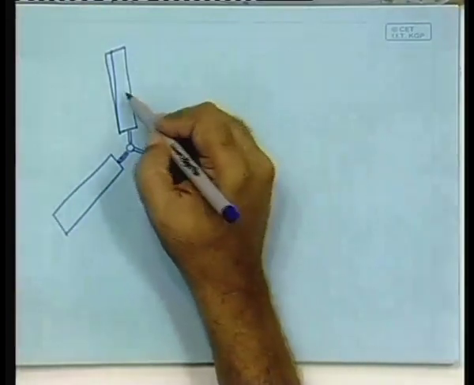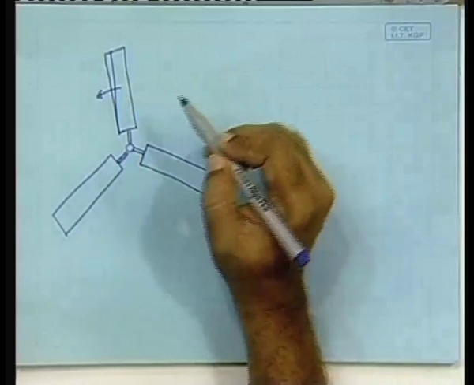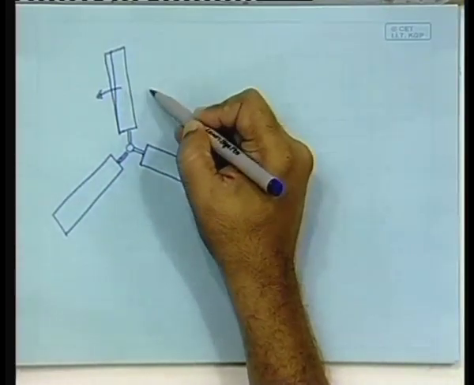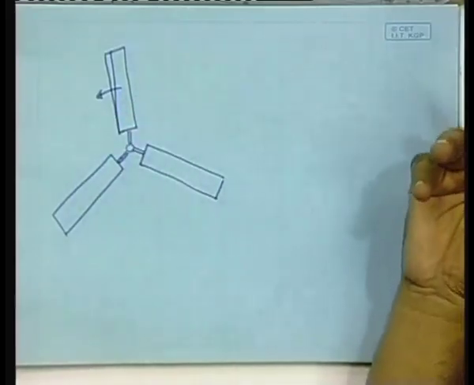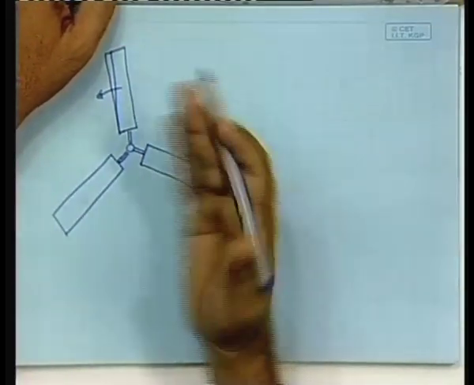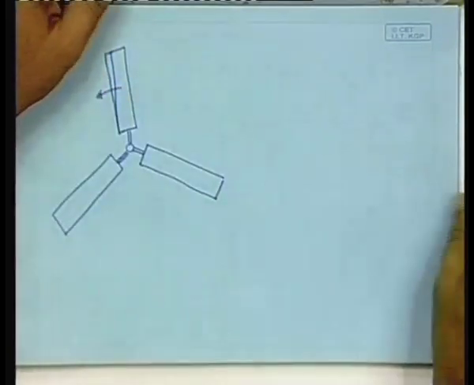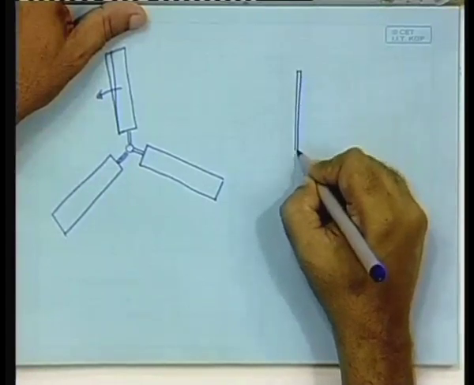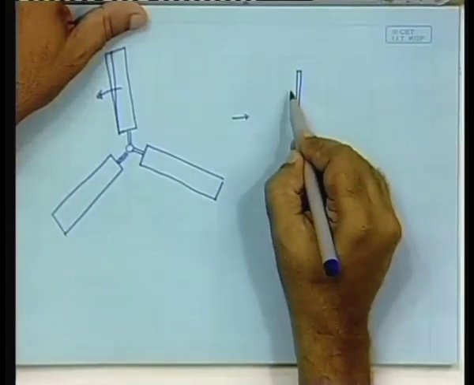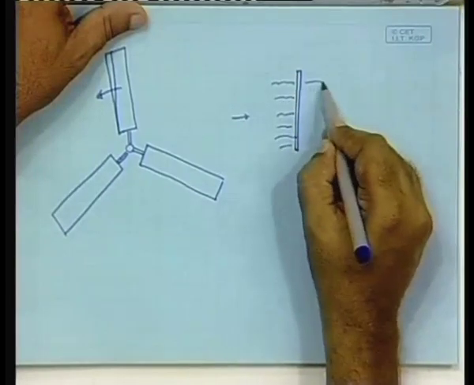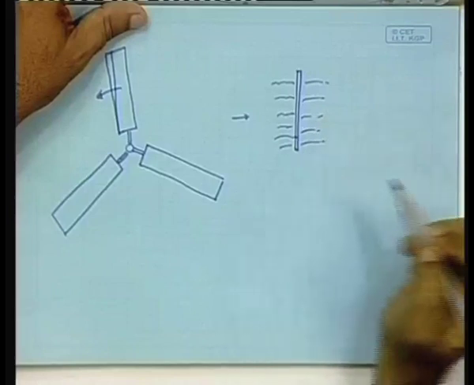Then as this blade passes, there will be some disturbed wind, because as it passes, the wind will not remain as it was without the hindrance of the blade. So, if you look at it from the angle in the plane, you would see something like this: if this is the blade and wind is passing like this, there would be a distance in front where there will be some disturbed wind, and there will be a distance in the rear, there will be some disturbed wind.